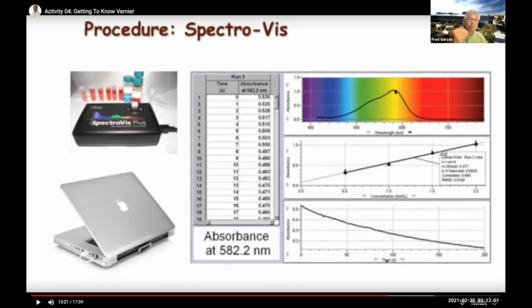So the more chemical you have in this cuvette, the higher the absorbance reading. But you don't want it too high because it saturates the instrument. You want it at a certain level. But if you keep everything the same, then you can monitor the concentration based on the absorbance reading.